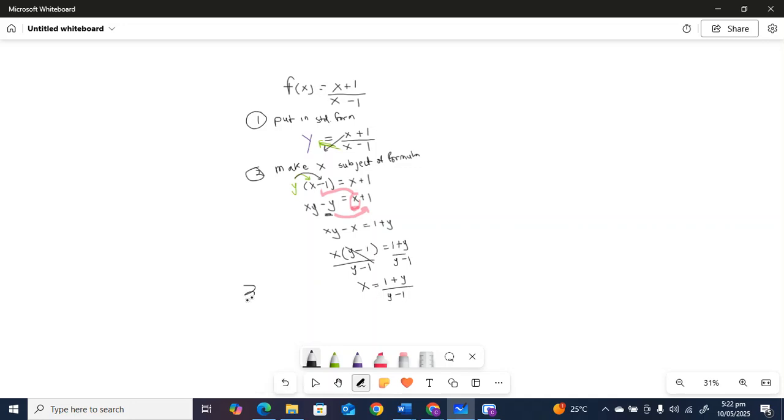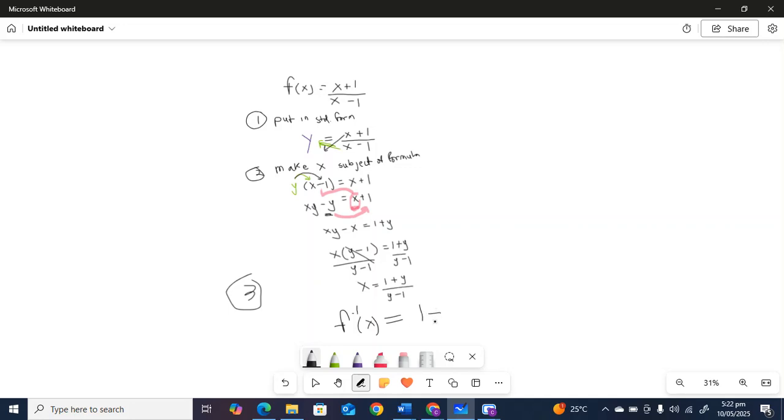Then the final step, you replace this x with f to the power negative 1 of x. This represents the inverse function. And these y's here on the right hand side, you replace them with x.